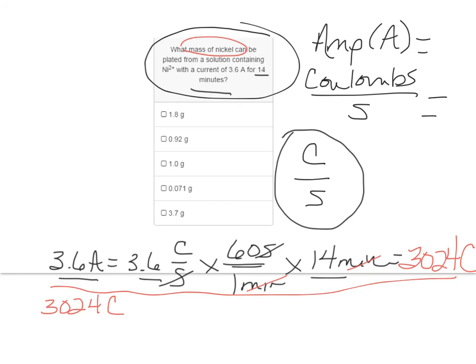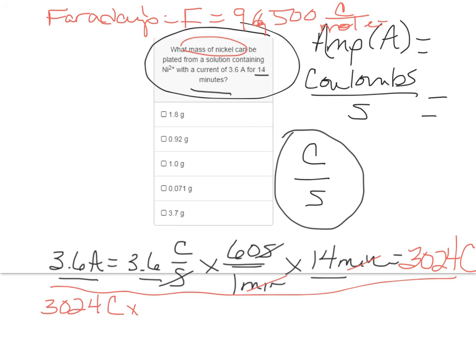That's where Faraday's constant comes into play. So Faraday's constant shows up in a couple of equations, but it's represented with a capital F, and it's about 96,500 coulombs per mole of electrons, right? 96,500 coulombs per 1 mole of electrons.